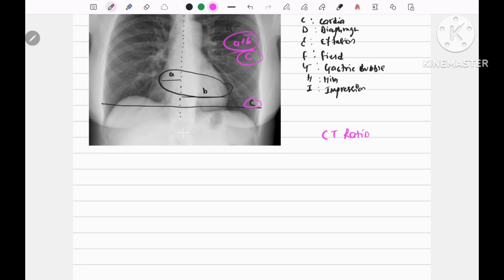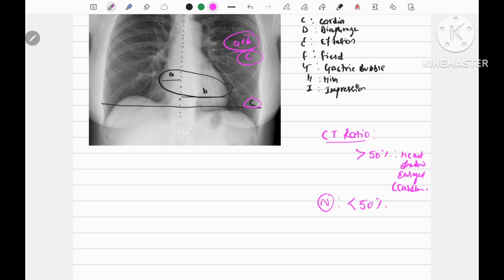If the CT ratio is more than 50%, then the heart shadow is enlarged, which means there is cardiomegaly. Normally the CT ratio is less than 50%.